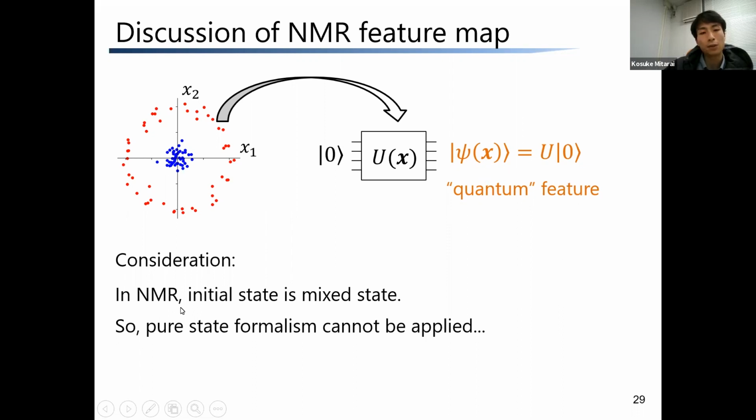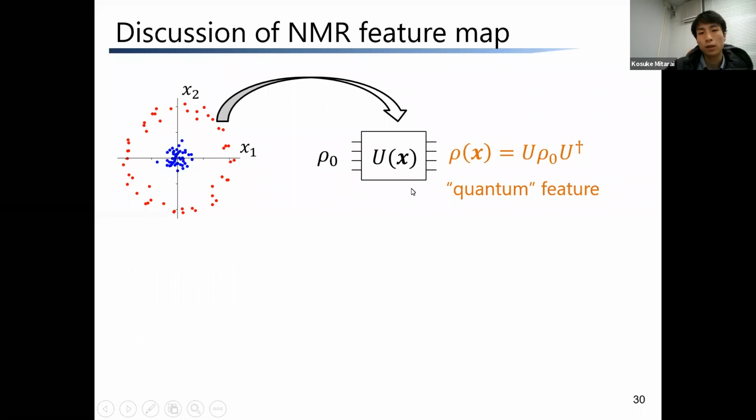But in NMR, the initial state 0 is not available. This is really an almost maximally mixed state, and this pure state formalism cannot be applied. So we modify this framework to the mixed state, and we input the density matrix rho 0.